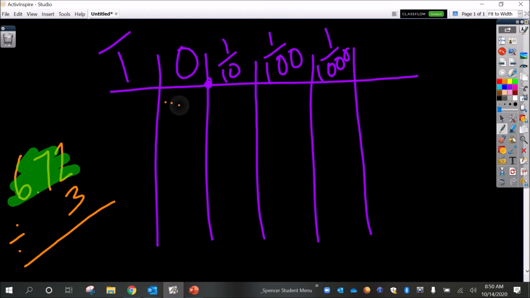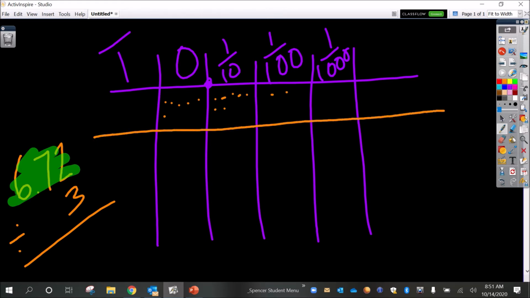Let's use number disks, and I like to put them in rows of 5 so it's easy to count. So there's 6 ones, there's 7 tenths, so put 5 in a row, and then 2 more, and then 2 hundredths. And we're dividing that into 3 equal groups, so I'm going to give myself a workspace.